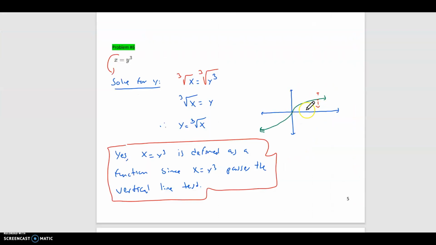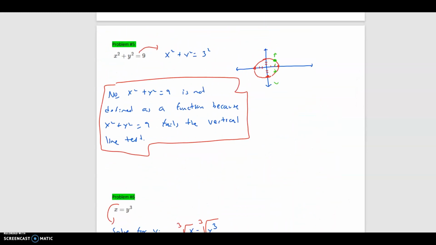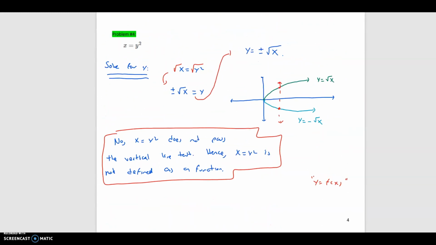This is the sketch. I just put a dot there, and this one, yes, it's defined as a function. That's it for these 3 problems. They do require that we remember what basic graphs look like for determining if these mathematical structures are defined as functions. Remember, it is defined as a function if every x has a unique y value.